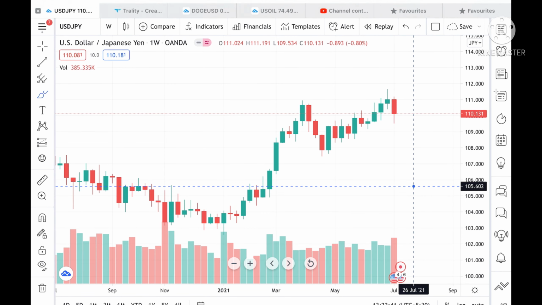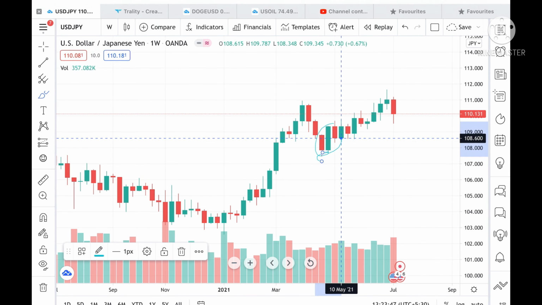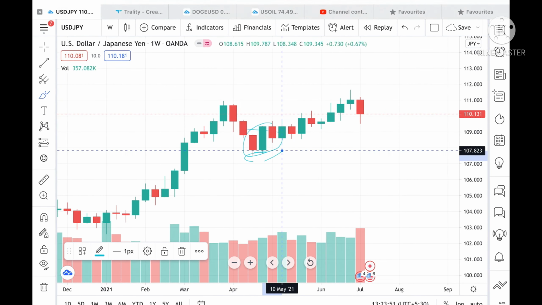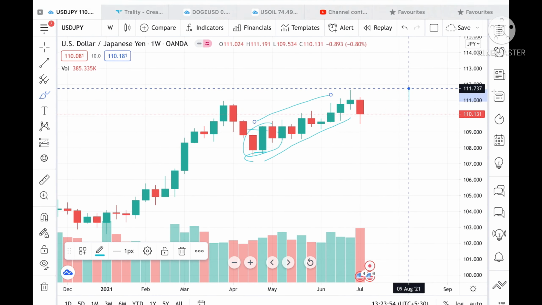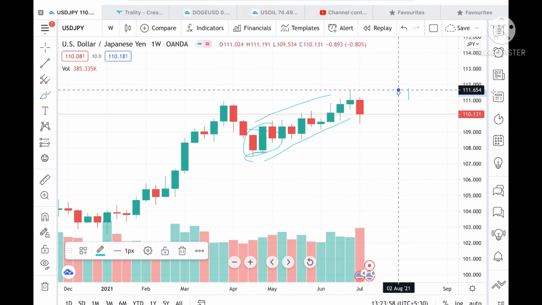USD JPY. We can see that there is a trend reversal at this point, which is in April, and we have seen a continuous upside rally that made a high of around 111.654. Now it is trading at around 110.131.